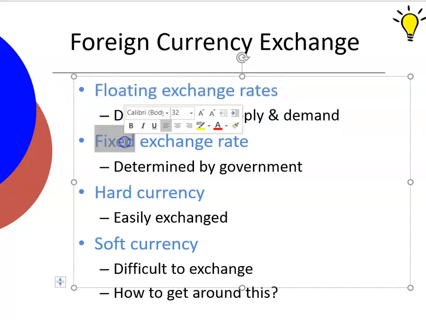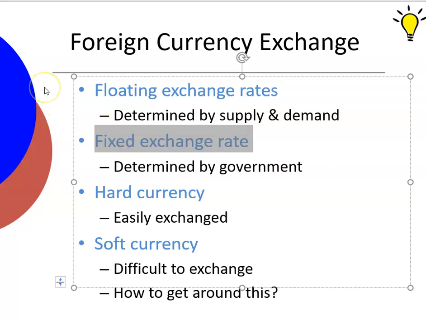Well, some countries don't like that. So some countries want a fixed exchange rate. A fixed exchange rate is when the government sets the exchange rate. Is that good or is that bad? Well, governments do it because they want to maybe make their currency cheap so that people will then buy the products and they can export more.